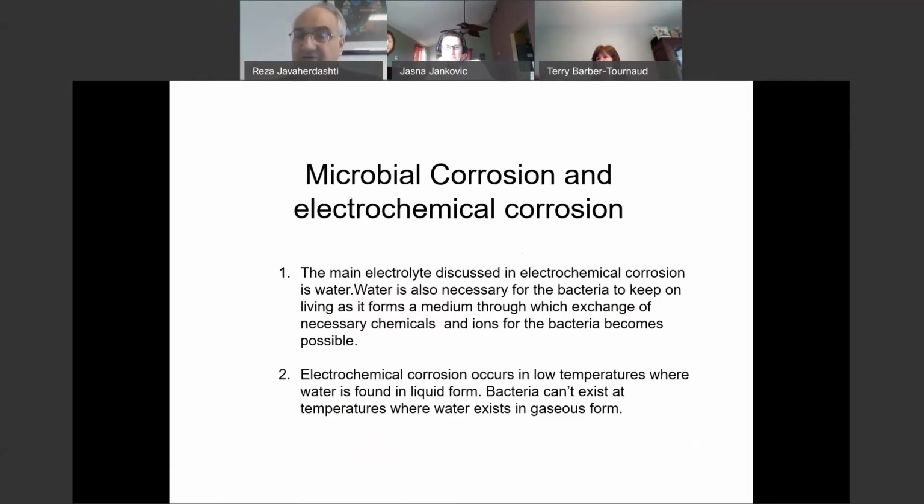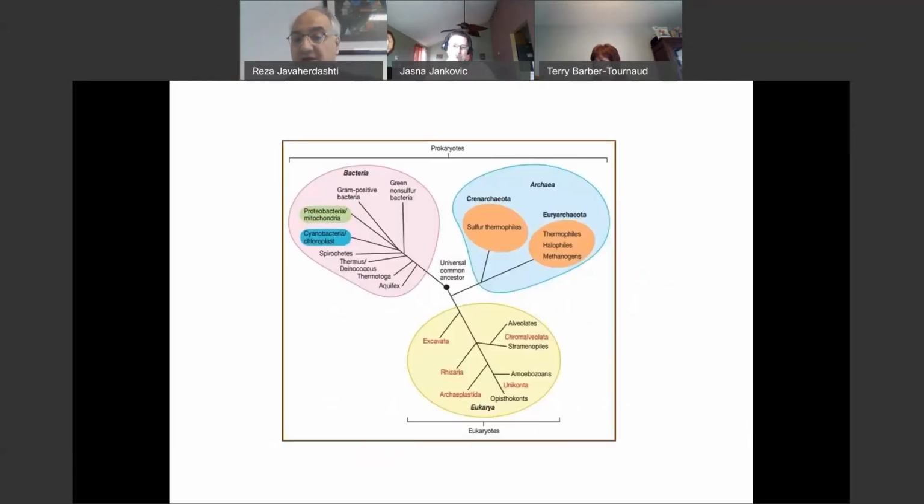This is the reason why we have to know both. Electrochemical corrosion happens in water. Microbial corrosion also happens in water, and water also provides food for microbes. That's the main point: when you look at microbial corrosion, you have to also consider electrochemical corrosion.